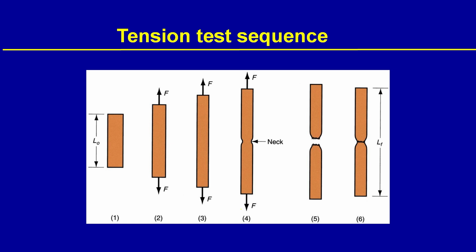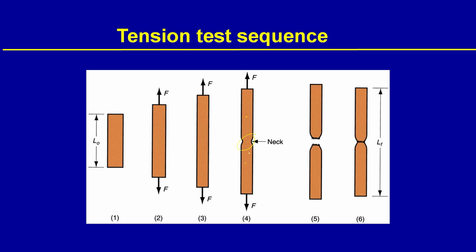Till before this, deformation is uniform along the sample, everywhere it happens the same, but the moment it starts necking, the deformation is concentrated on this portion. No further deformation happens on this part of the sample. That is why it is called non-uniform elongation or deformation, and this starts happening at the highest stress.